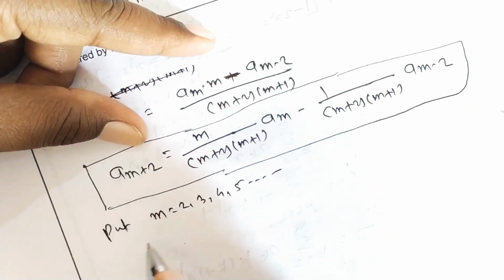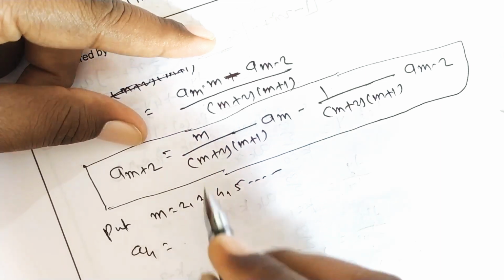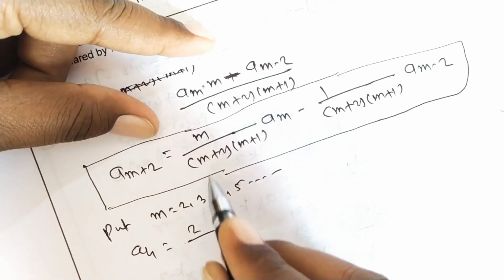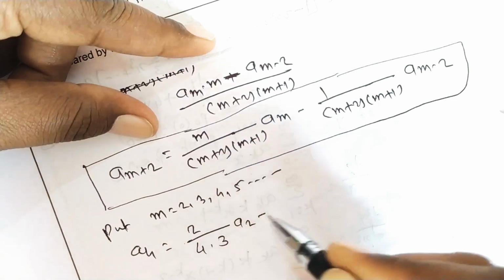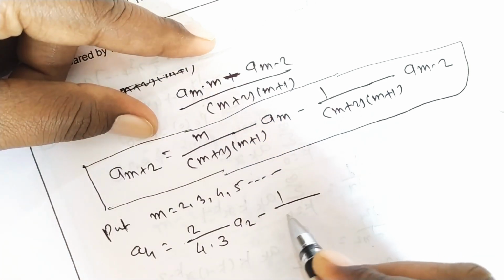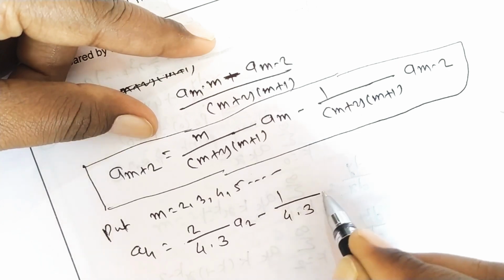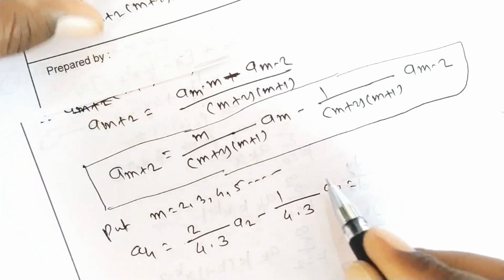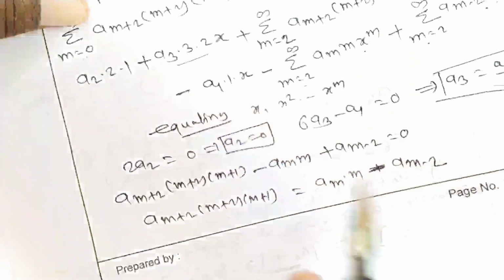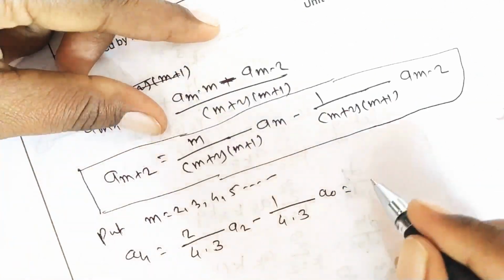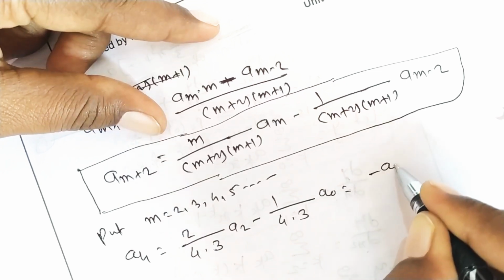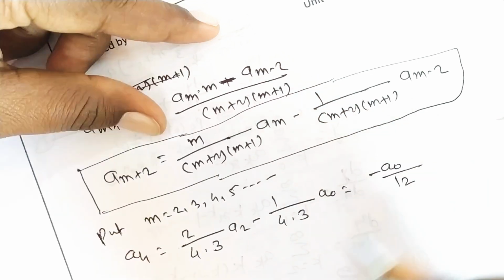If we put m equal to 2, then we will get a4 is equal to 2 upon (2+2) which is 4, (2+1) which is 3, into a2, minus 1 upon (2+2) which is 4, into 3 into a0. But what is the value of a2? a2 is 0. If you put it here, then this term is 0. So a4 is equal to minus a0 upon 12.